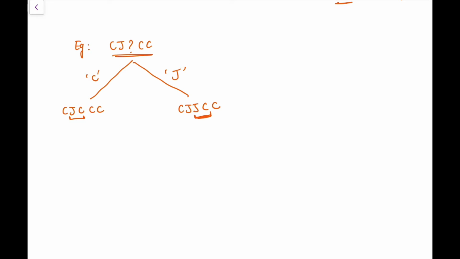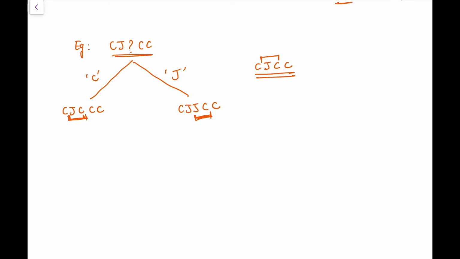So what happens if I just remove the question mark? C, J, C, C will be there, right? So C, J, C, C has JC, right? So JC is occurring in every case. If I replace question mark with C, JC occurs. If I replace question mark with J, JC occurs.